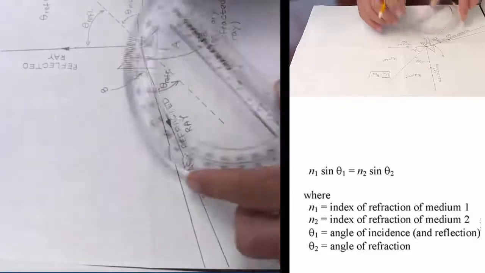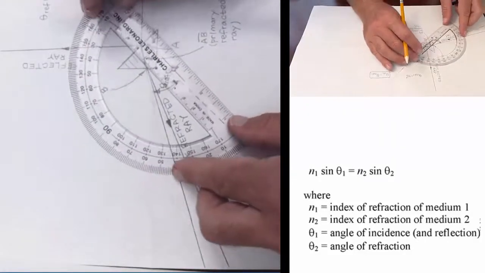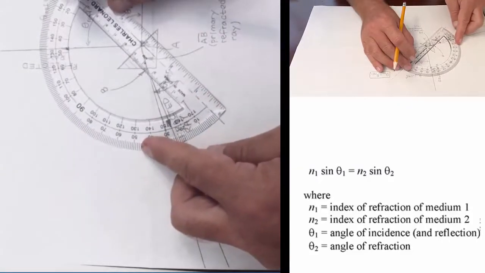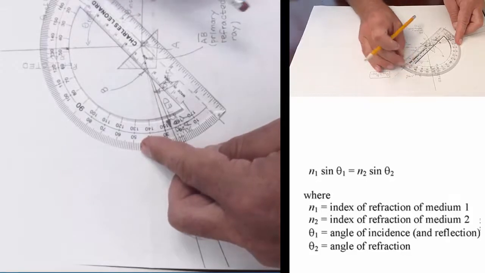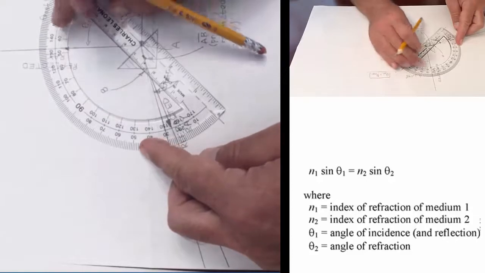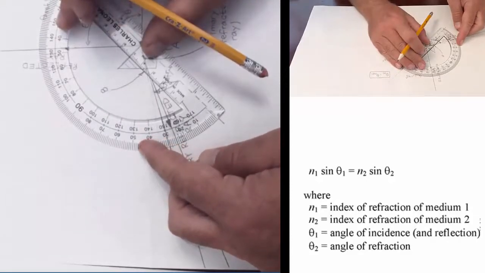Let's now measure our refracted angle. So again, we are going to use the protractor, position it along the axis, and let's see how much we are going to measure now.